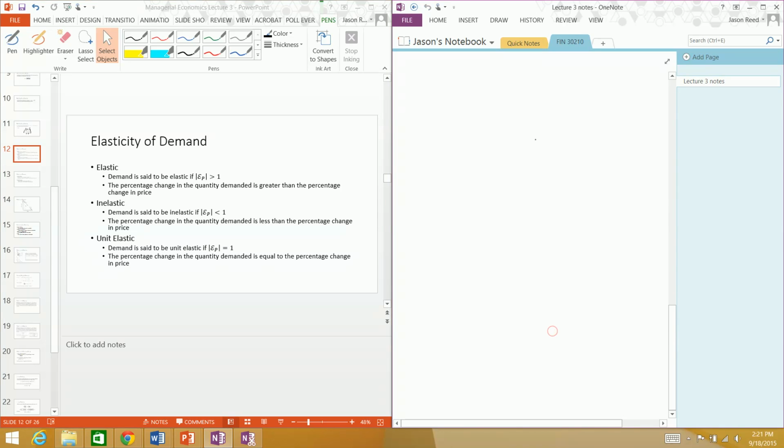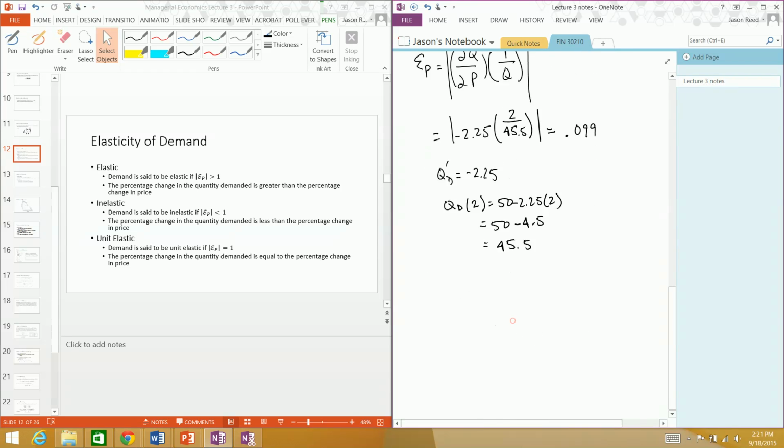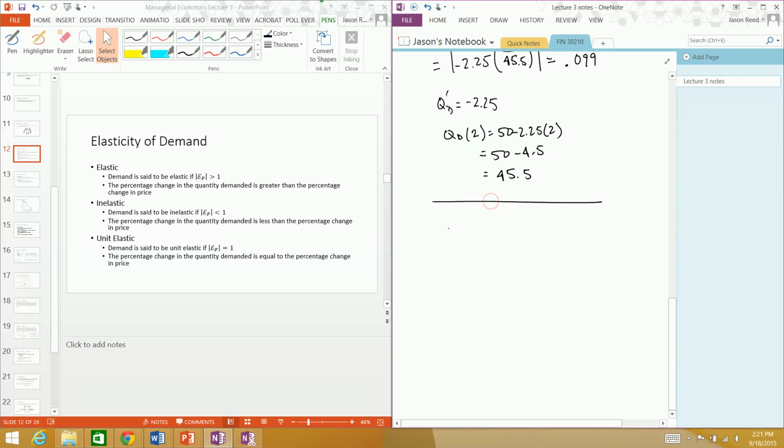So if we're thinking about this, we have our original idea that elasticity of price is equal to the percentage change in the quantity demanded over the percentage change in price. The only way for this to be greater than 1 is if the percentage change in the quantity demanded is greater than the percentage change in price, right? We know this through algebra.